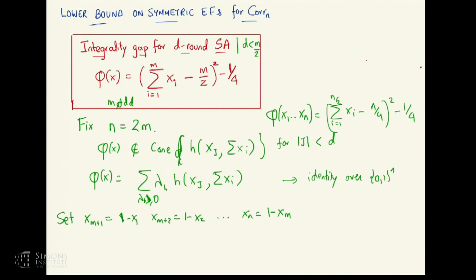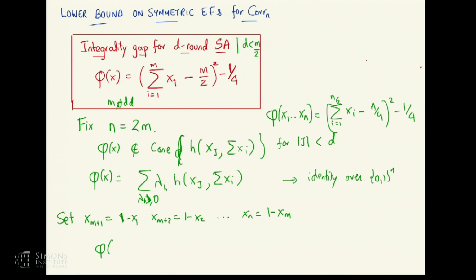You just substitute that here. The reason to do that is if I do that, summation x_i is always m. If I take the string and its complement, the sum of all the bits is always m. So once I do that substitution, what happens to this identity?